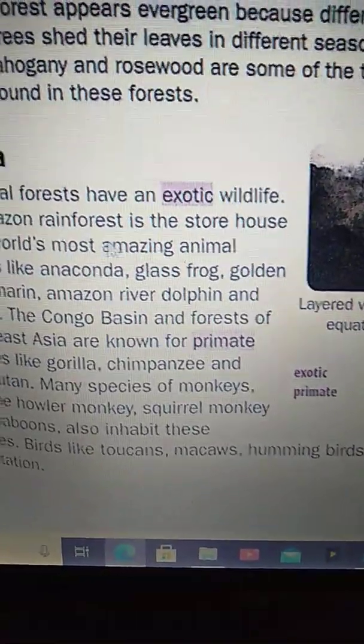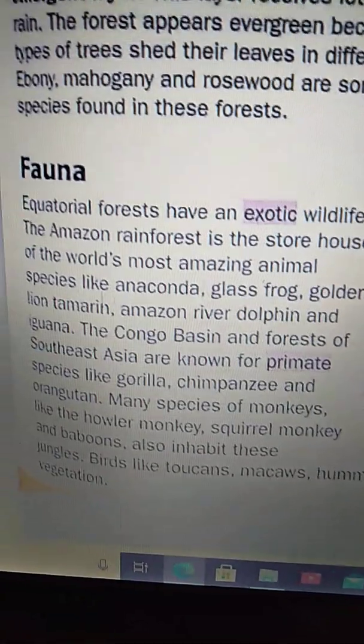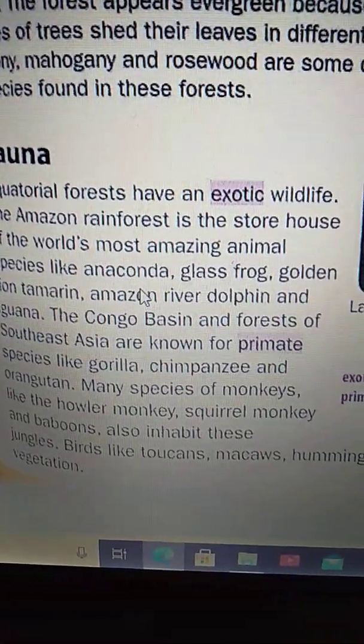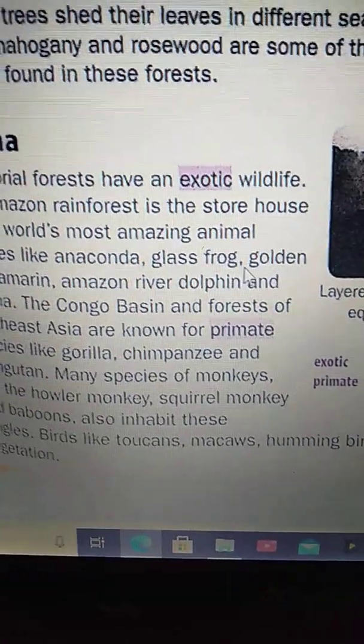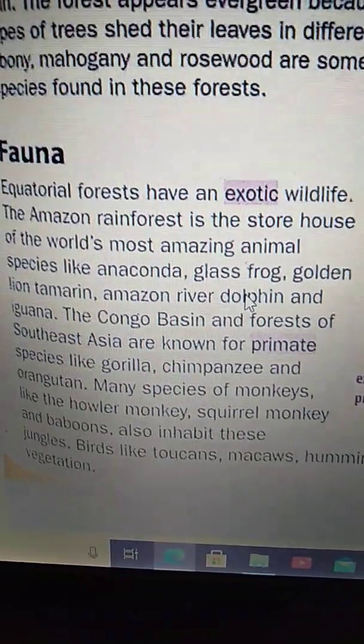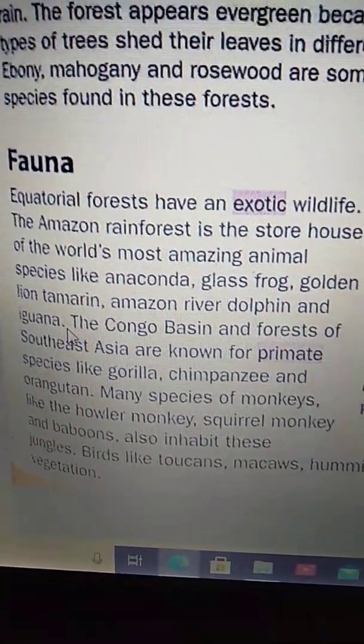The Amazon rainforest is the storehouse of the world's most amazing animal species like anaconda, glass frog, golden lion tamarin, Amazon river dolphin and iguana.